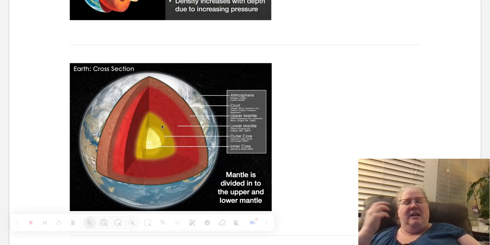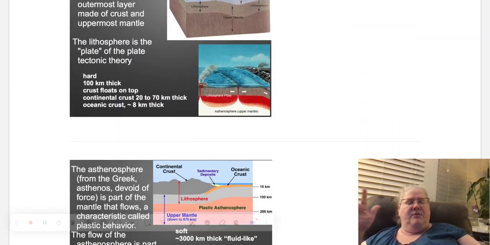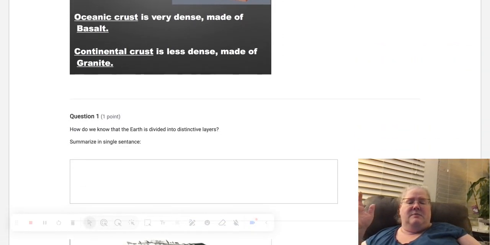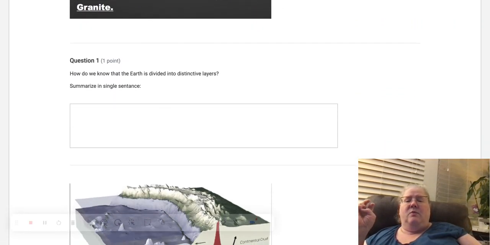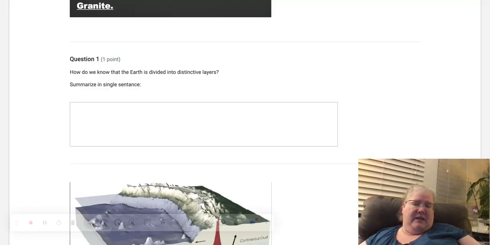So looking at that, thinking about everything that we learned last week or a couple days ago, however you want to look at it, and looking at the CER we did and the notes we've just talked about, I want you to turn, if you've got somebody else you're working with, and this would be where in class we turn and talk, but I really want you to stop and think for a minute and explain here, how do we know the Earth is divided into distinctive layers?